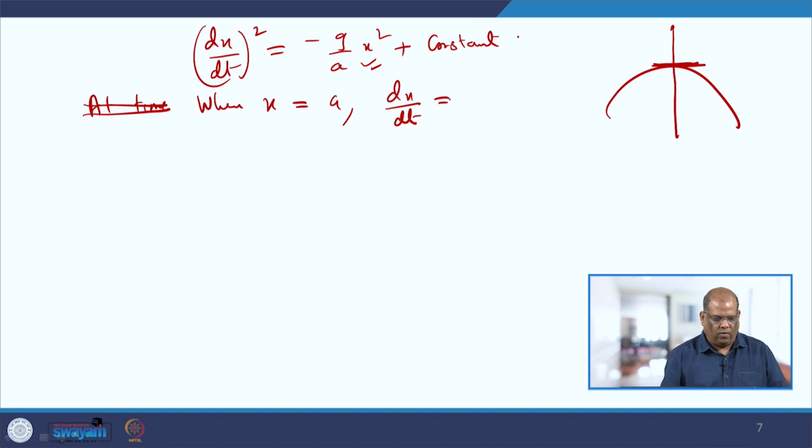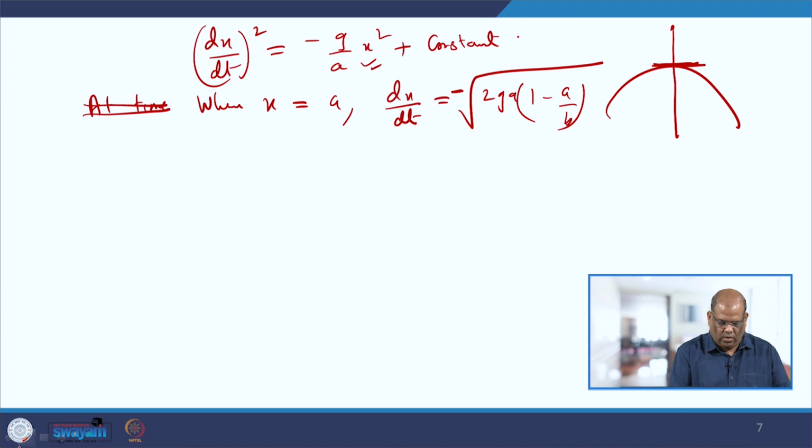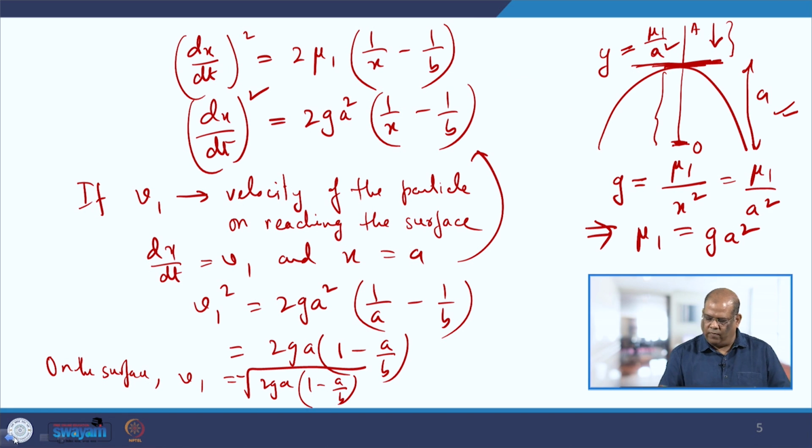That we have already calculated: it is 2 g a (1 minus a by b), with a negative sign. So, on the surface, this is the velocity which followed the inverse square law. To calculate the velocity of the particle when it reaches the point O, our initial velocity is what it is on the surface.